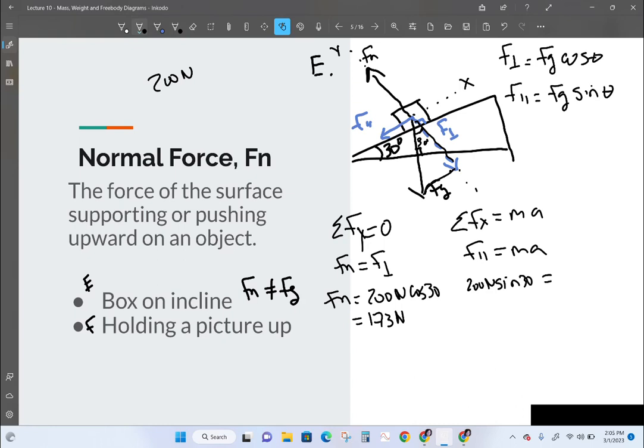And that's going to make our mass, which we found earlier to be 20.4 kilograms, accelerate. So 200 times sine of 30 is 100 newtons. And it's going to make the 20.4 kilogram object accelerate. So if I divide both sides by 20.4, I get 4.90 meters per second squared.